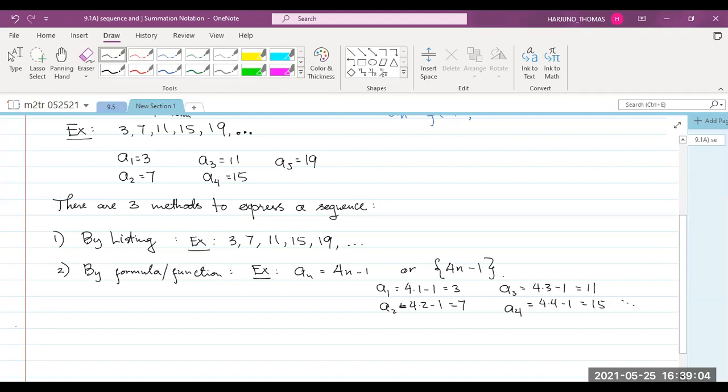And the third method is called the recursive method. For example, we say a sub 1 is 3, and the next term is the previous term, the next term is the current term plus 4.